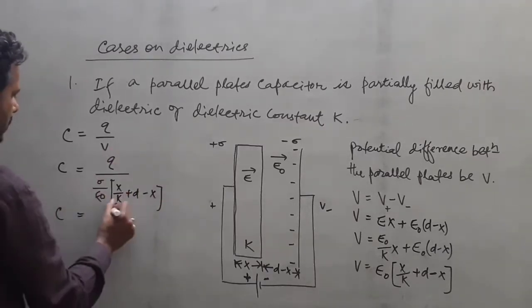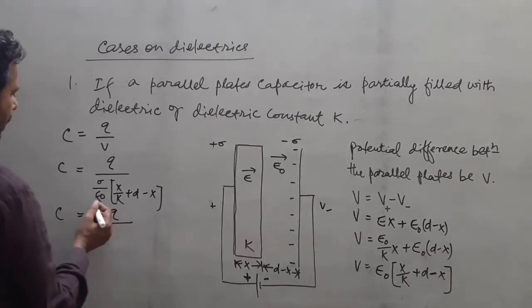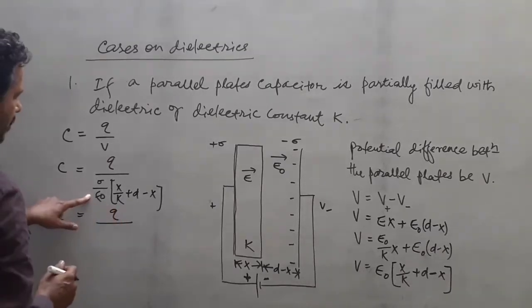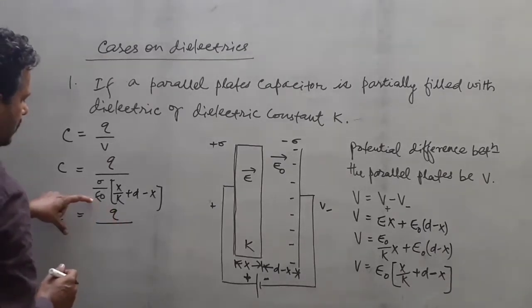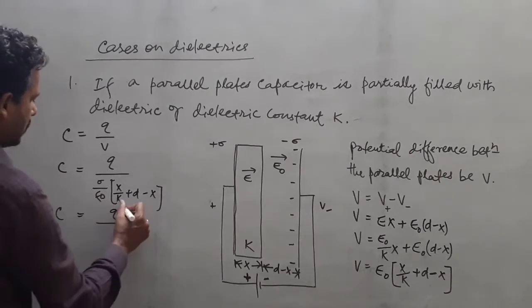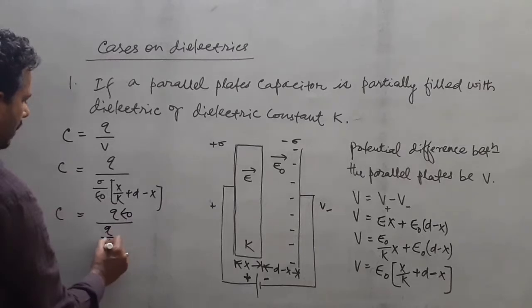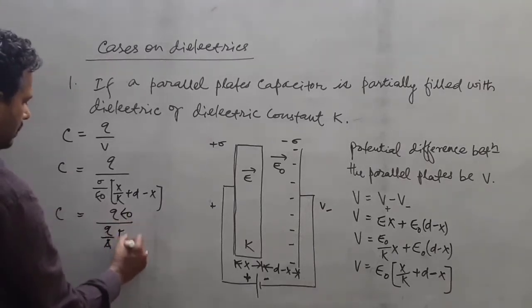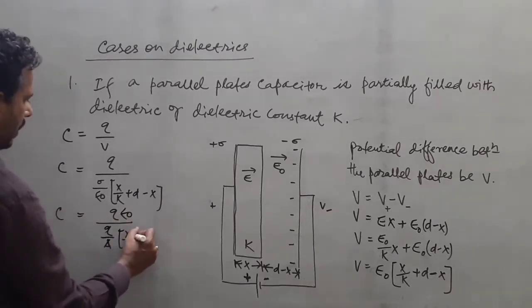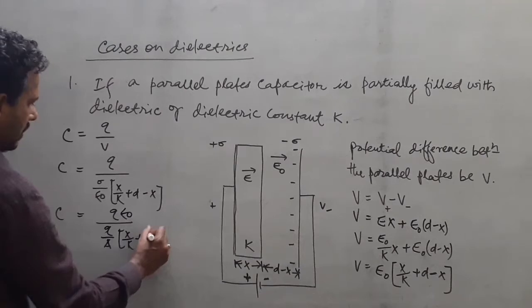There is Q divided by, because epsilon naught is in the denominator of the denominator, so that comes in the numerator. I am going to replace this sigma by Q by A, and then there is X by K plus D minus X.